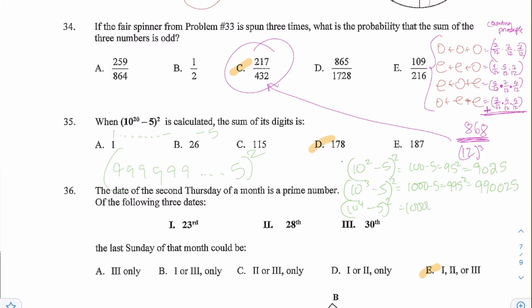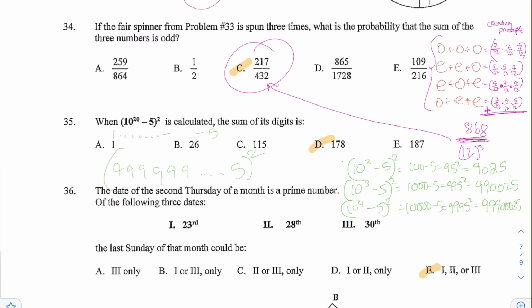That would be 10,000 minus 5, or 9995 squared. And when you do that, you get 99,900,025. So you can see the pattern here. You have more 9s and 0s, and then you also have 25 at the end.